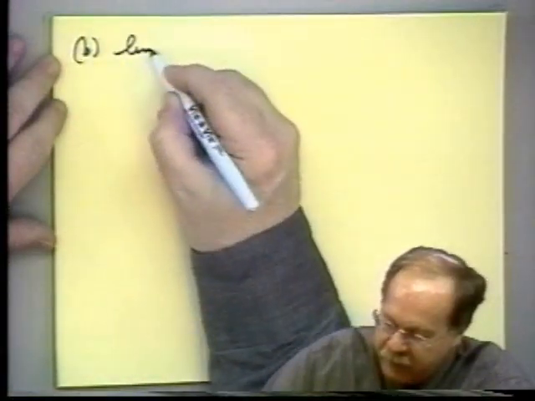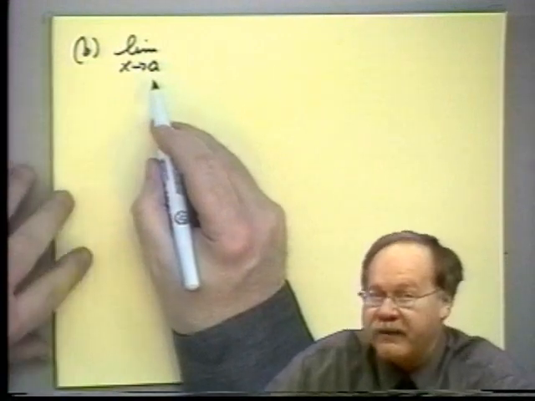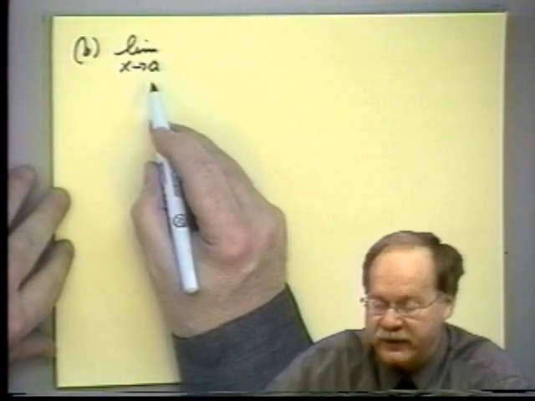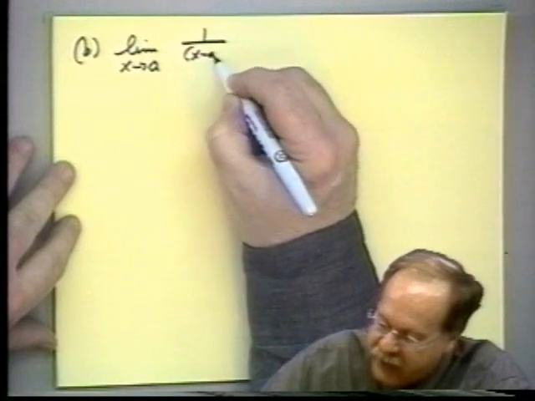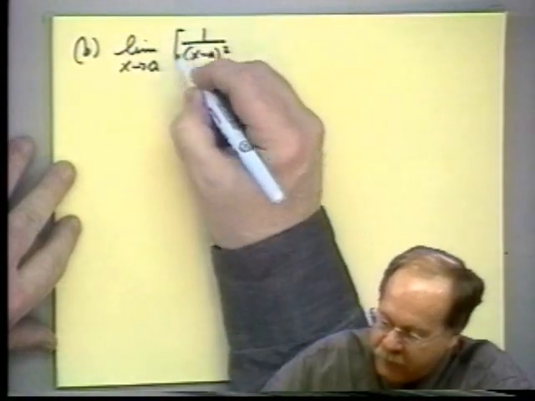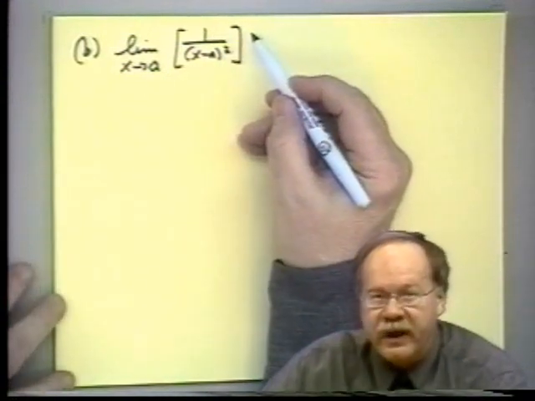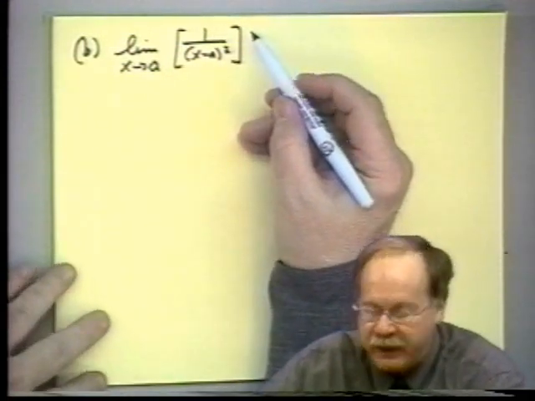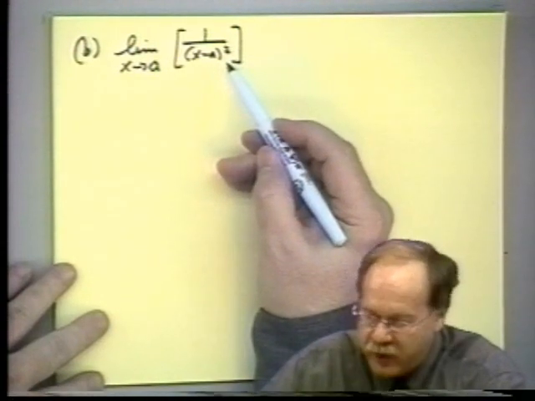The second example is this one. Suppose we take the limit as x approaches a, and notice now I have not put right or left. It's a two-sided limit. And we take the function 1 over x minus a quantity squared. So in this function, the p again is the 1 on the top, so it's a constant, unaffected by the limit. The bottom now, q, is this function x minus a quantity squared.